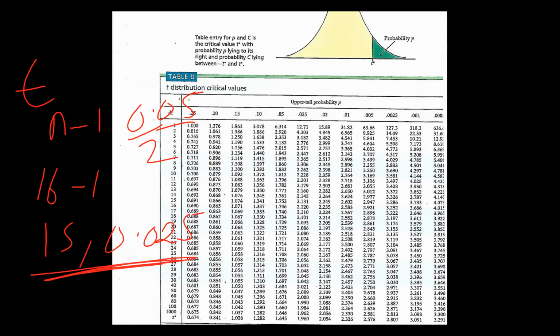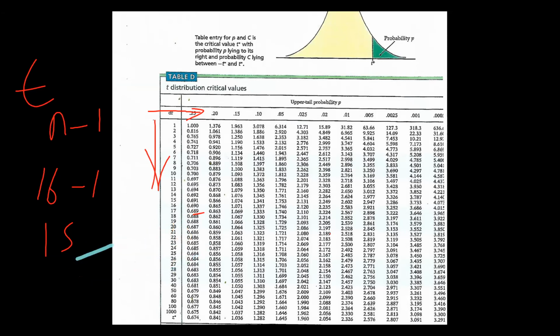This is what you are looking for. This 0.025 is found here, in this line on top. That's where you find this alpha. This one will give you the alphas. This one coming down is giving you the degree of freedom. So our degree of freedom is 15. You go to the degree of freedom 15.